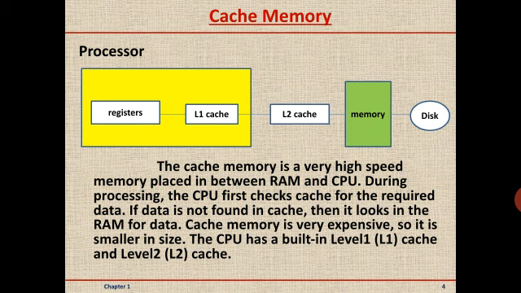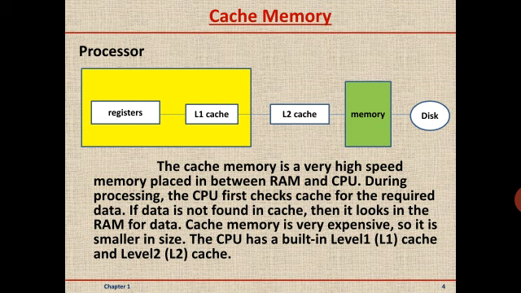Second internal memory is cache memory. The cache memory is a high-speed memory available inside the CPU to speed up access of data and instructions stored in the RAM memory. The diagram is shown here.